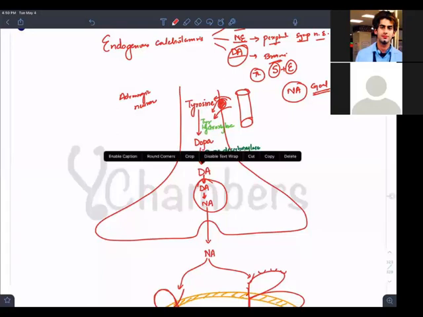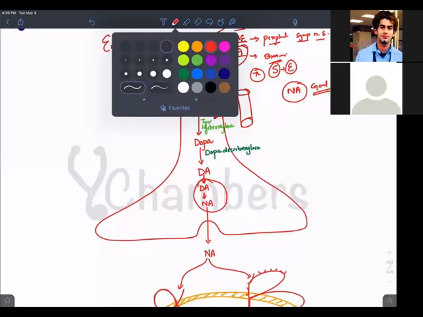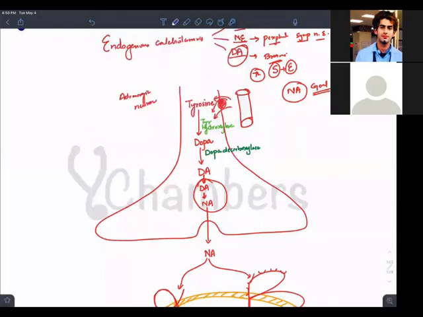Let me draw a transporter like this. It is called the VMAT transporter. This is the VMAT transporter which is bringing this in. VMAT2 transporter will bring this into the vesicle.